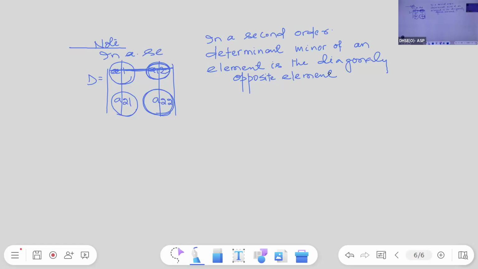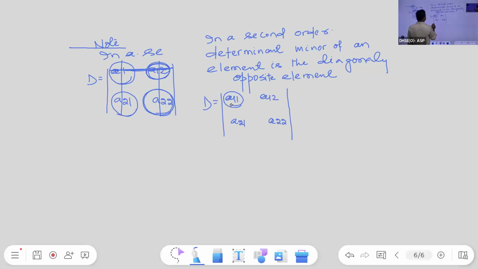In a second order determinant, minor of an element is the diagonally opposite element. That is, D is equal to A11, A12, A21, A22. So diagonally opposite element of A11 is A22.